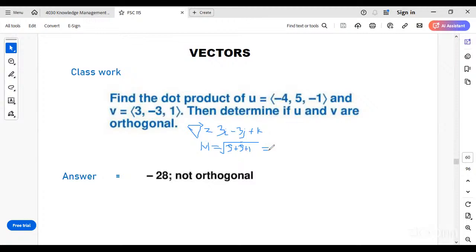That gives us square root of 3 times 3 square is 9, 9 plus 9 again, that is 18 plus 1, 19. So we have square root of 19 for V and for U is equal to square root of 18.